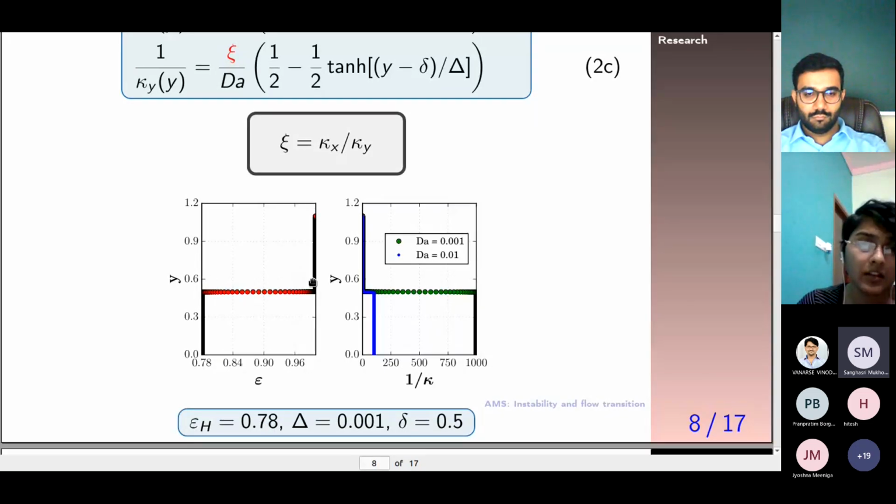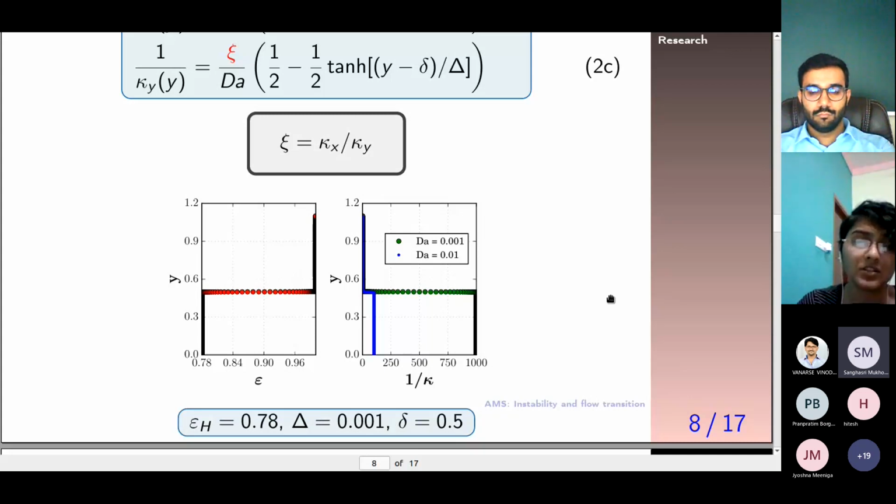Then in the liquid layer, from 0.5 upward, we know that the liquid has a porosity which is 1. So the value of the porosity is 1. And in between these layers, I told you that we have a small transitional regime. We have kept the transitional regime to a very small value so that it will not affect the actual flow conditions.